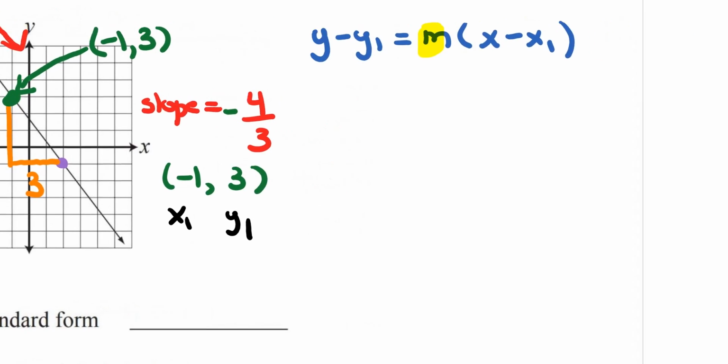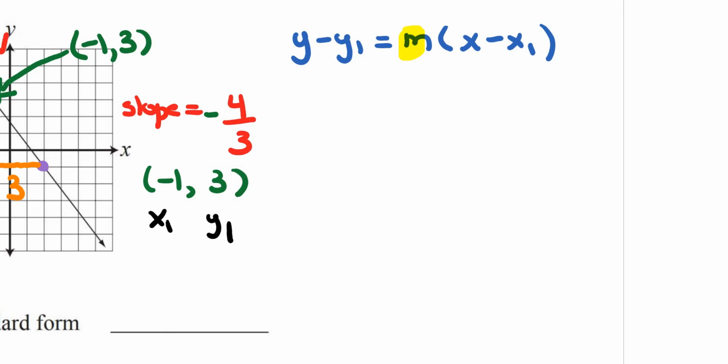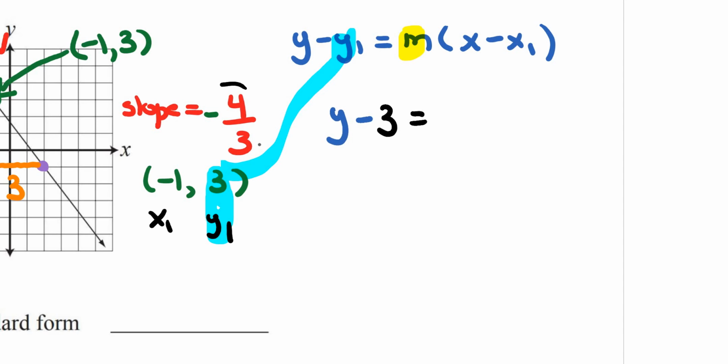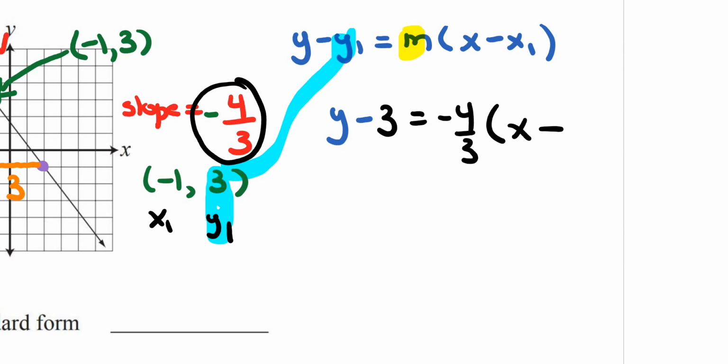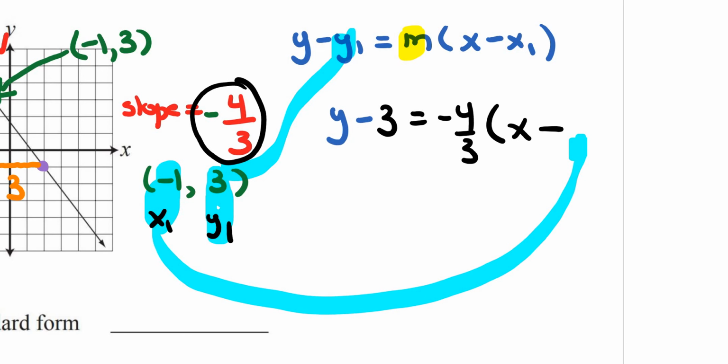All right, so now we can find the equation of our line in point-slope form. So this will be y minus y1. Well, y1 is going to be 3, right? So this 3 will transfer there. So y minus 3 equals my slope, which is -4/3. And then bracket x minus, and then what's my x1 value? Well, my x1 value is going to be -1. So it's going to be +1 there.